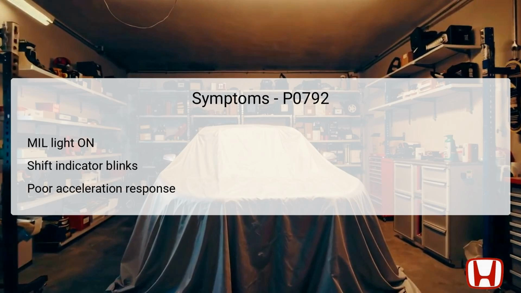Drivers may also experience poor acceleration response due to improper gear shifting, resulting from erroneous sensor data. This performance issue can cause difficulty in maintaining vehicle speed, particularly when accelerating from a stop. Recognizing these symptoms helps drivers and technicians to quickly pinpoint the potential problem areas, ensuring a more efficient troubleshooting process.